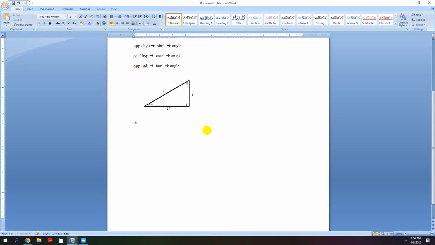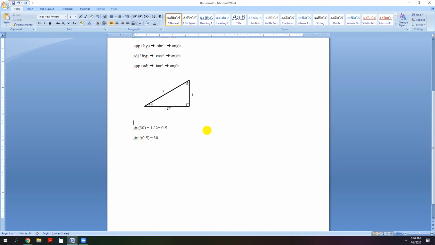Let's first figure out what sine of 30 would be. Well, that would be the opposite, which is 1, over the hypotenuse, which is 2. So it would just be 1/2. So what would the inverse sine of 1/2, of 0.5, be? Well, if you think about what we just said, inverse sine just goes the opposite way.